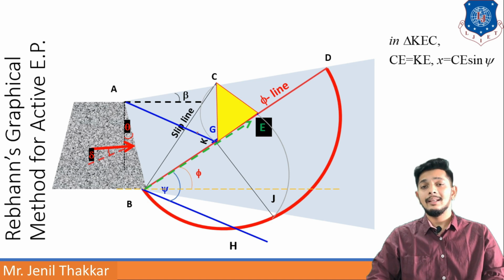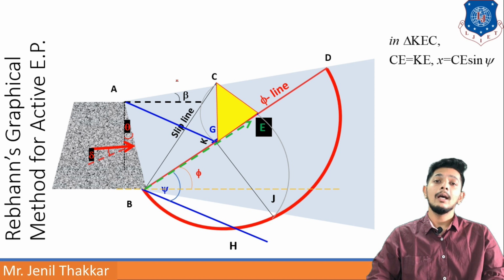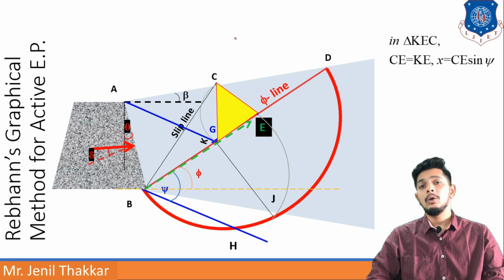For this triangle area, to calculate any triangle's area, I have to calculate 1/2 base into height. Now for this triangle I have to draw a perpendicular from C to line BD. For that perpendicular I will get the name X, and the value of X will be CE sin phi.